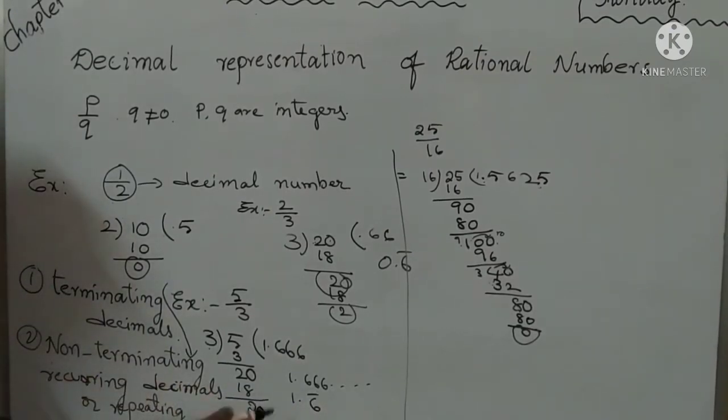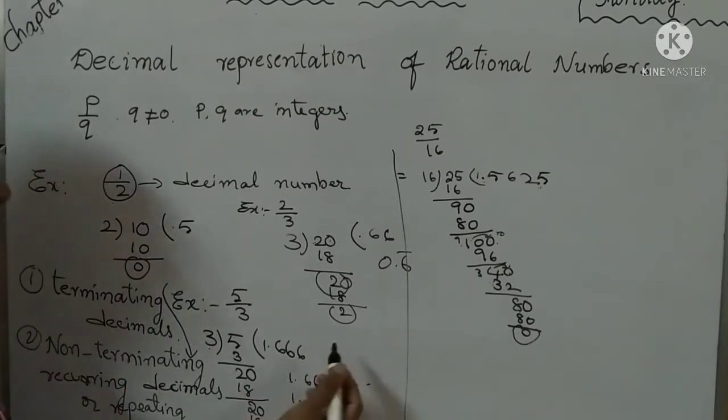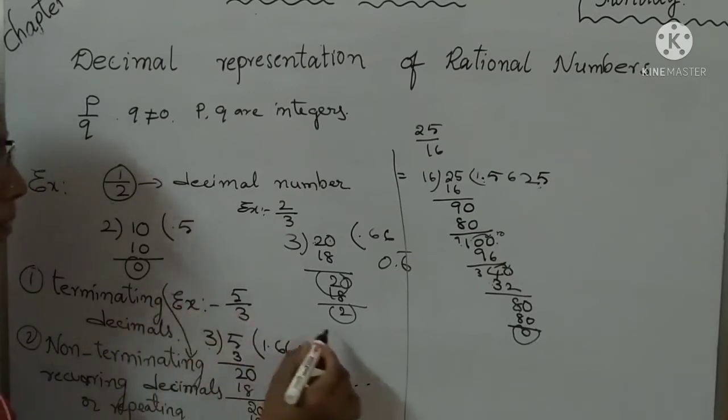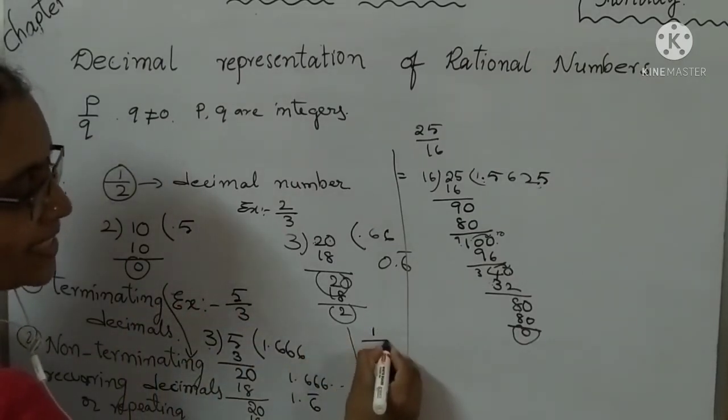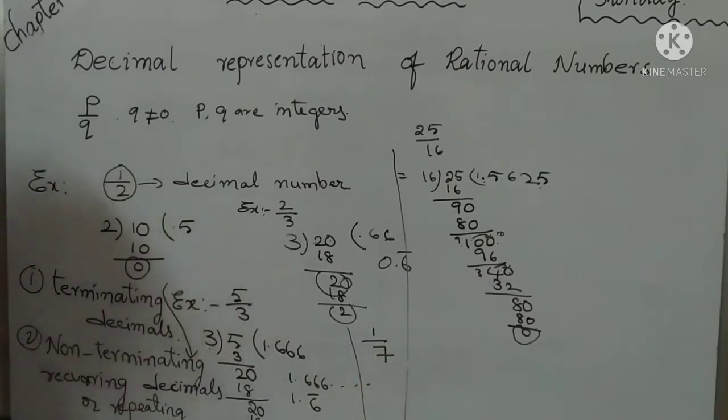These are called non-terminating recurring decimals. I give one example; do that. That is your classwork, write that. 1 by 7, 1 by 7 example.